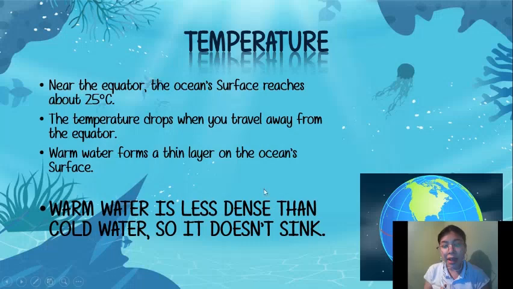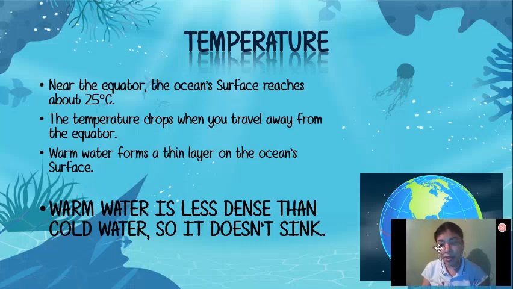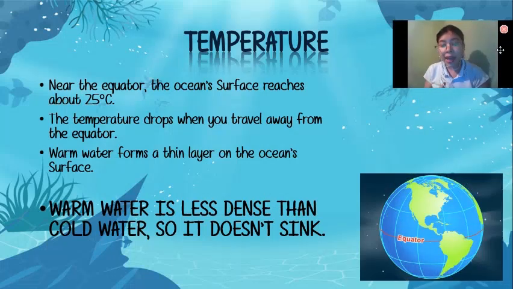Okay, so here we have, let me show you. Here we have a line that divides the planet in two. Yes, we have the northern hemisphere and the southern hemisphere. So here we have the equator in the middle. So the temperature will be colder when we go far from the equator.